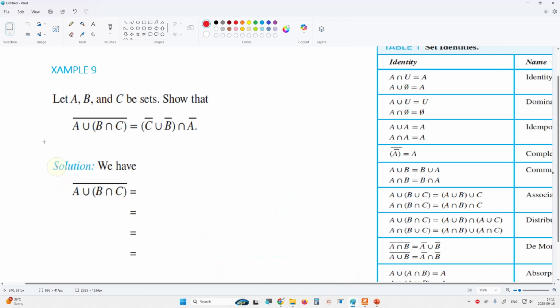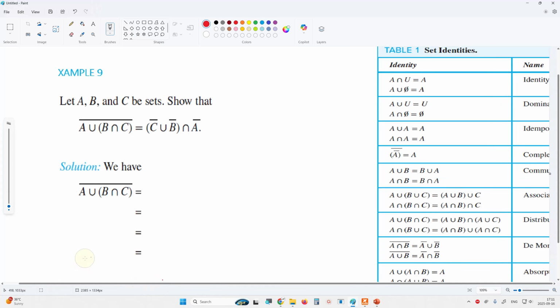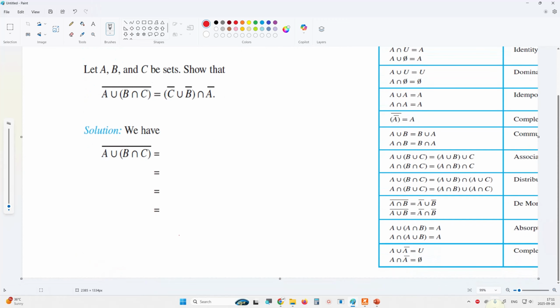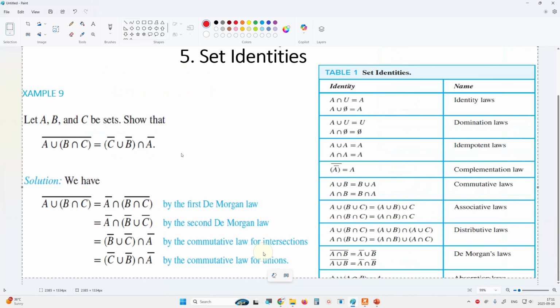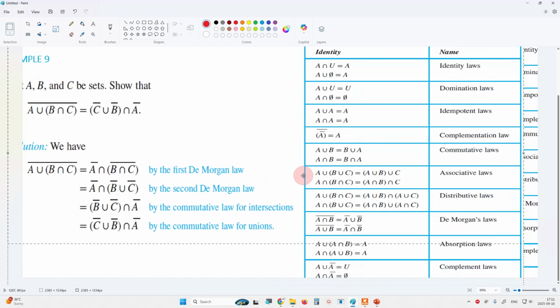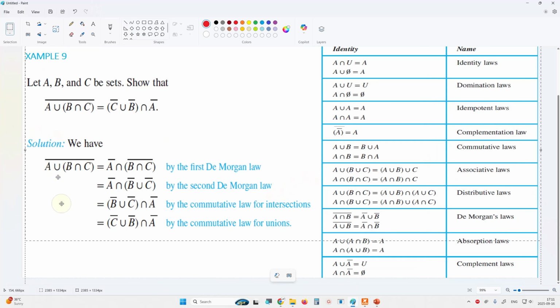Okay, so what we're trying to do is to prove that these two are equivalent or equal. So how are we going to do that? We're going to use whatever we have here. Let's just move these.